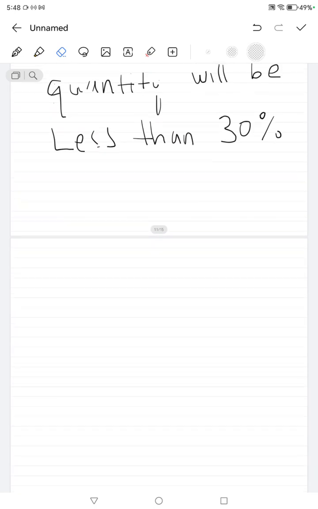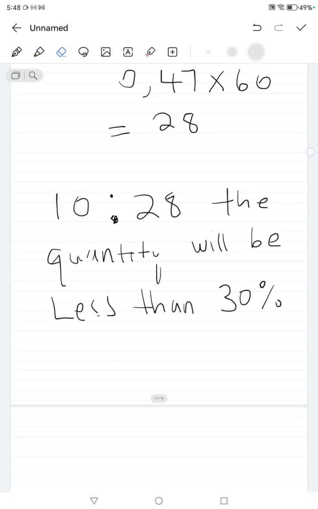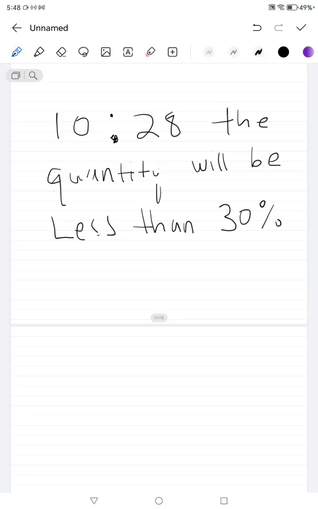Okay, we have enough space. What's the formula? The formula is Q equals Q of 0 e to the exponent k of t.